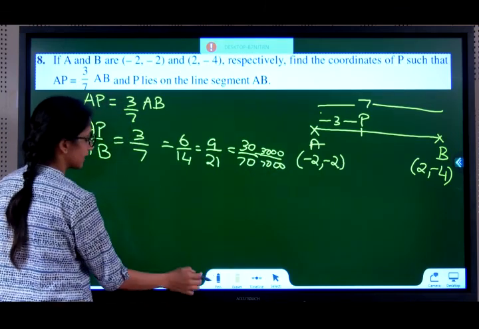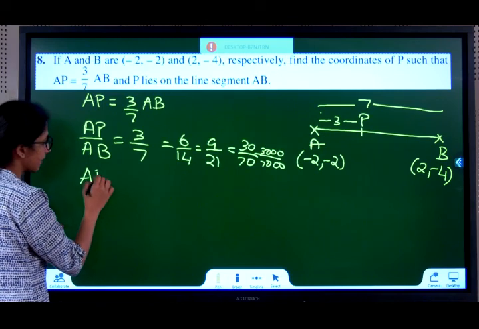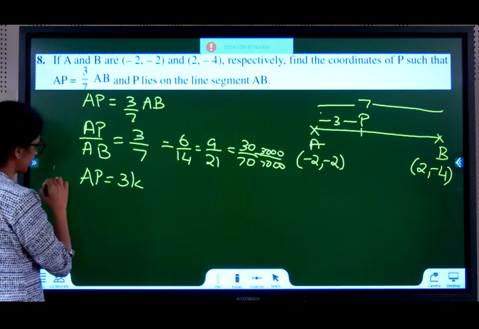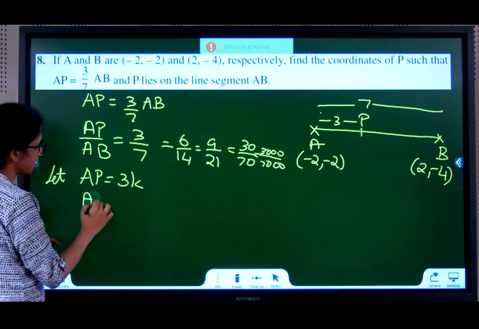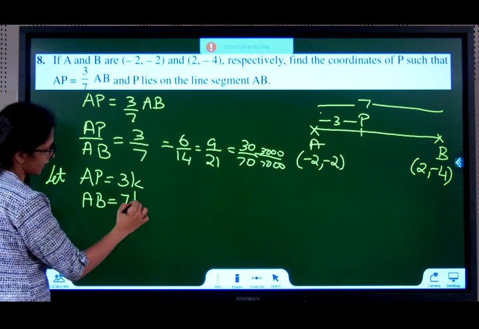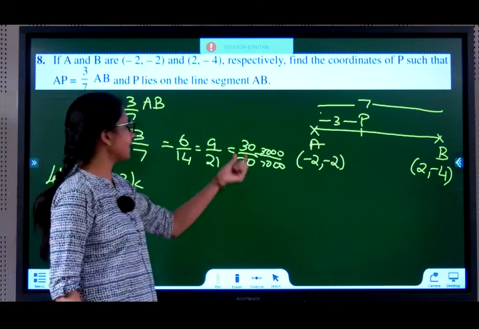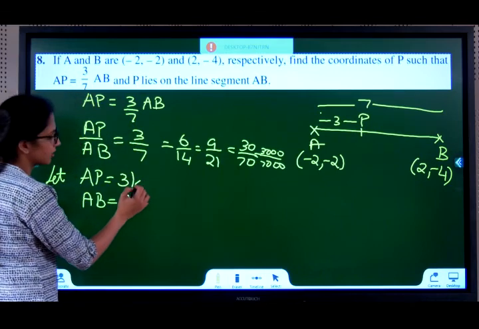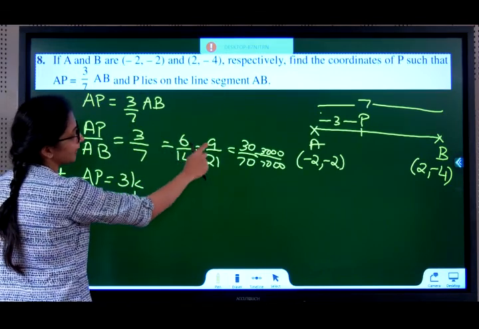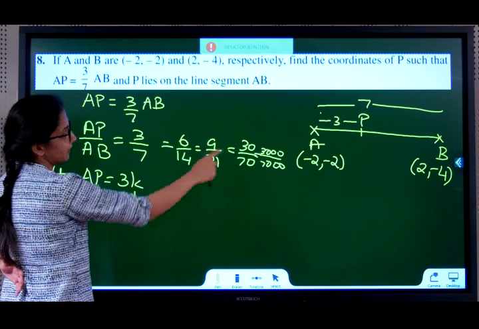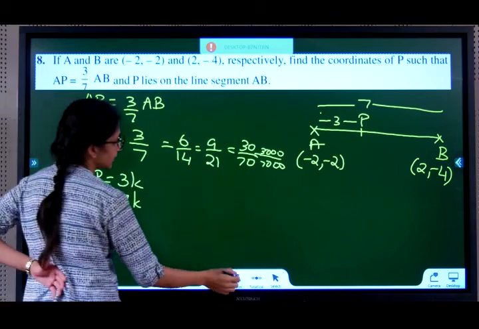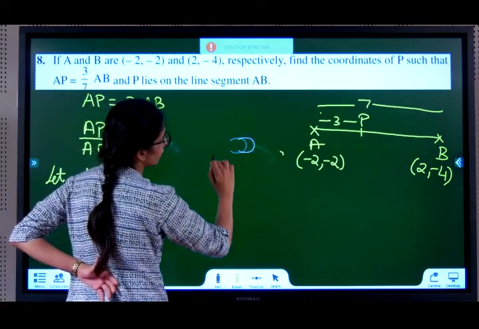So I can therefore say let AP be 3K and AB be 7K. Why? What is this K? It can be any value. If you multiply with K as 2, you will get 6 by 14. If you multiply with 3, you will get 9 by 21. If you multiply by 10, you will get 30 and 70. So K is any constant.